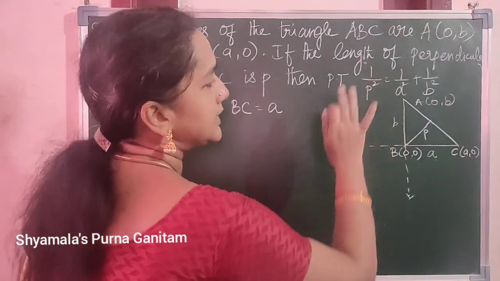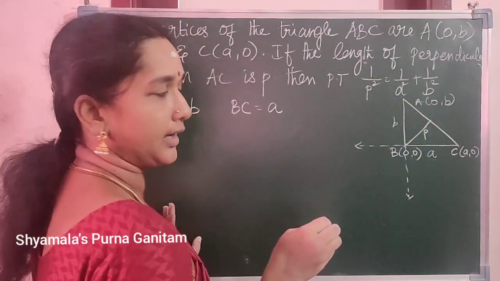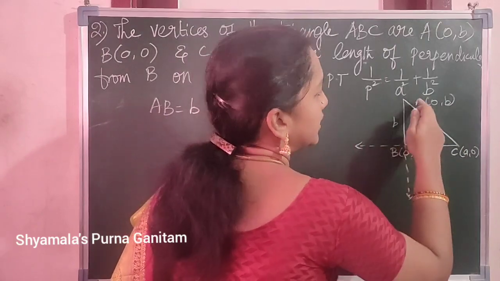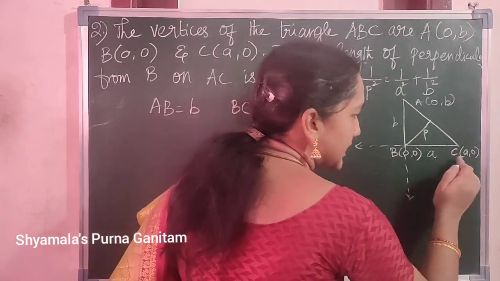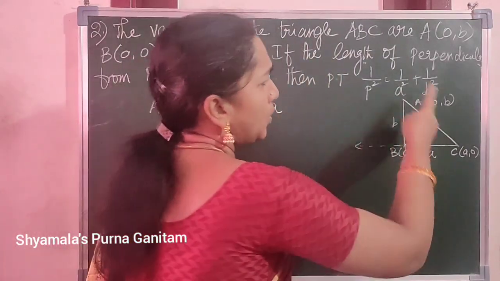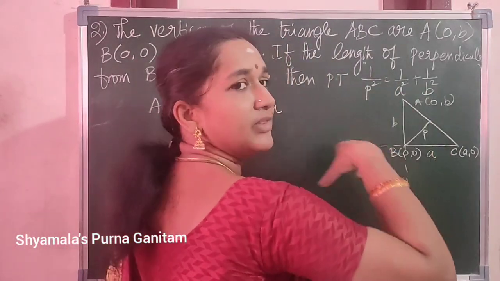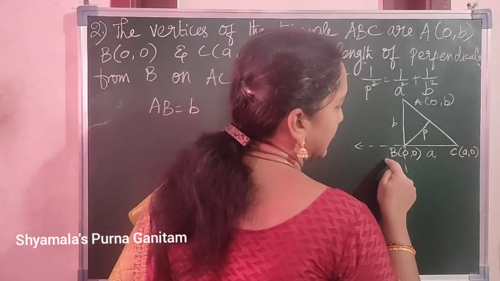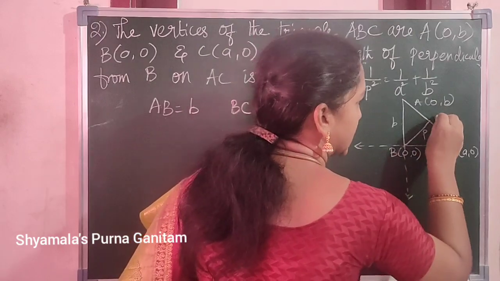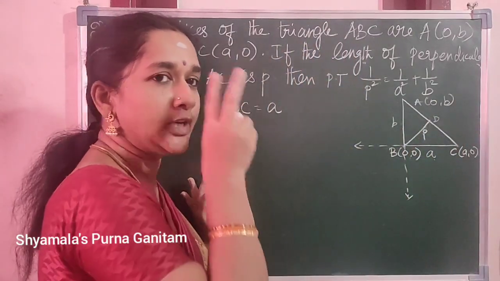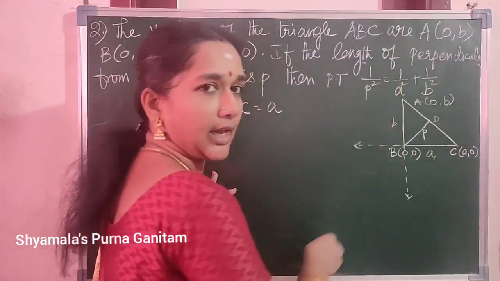Since it is a right angle triangle, we can take this as two types of triangle, that is ABC with base BC and height AB. This is one part. The same triangle we can take in another way, with AC as the base and, if you take this as D, BD as the height. So in two ways we are going to take this triangle.